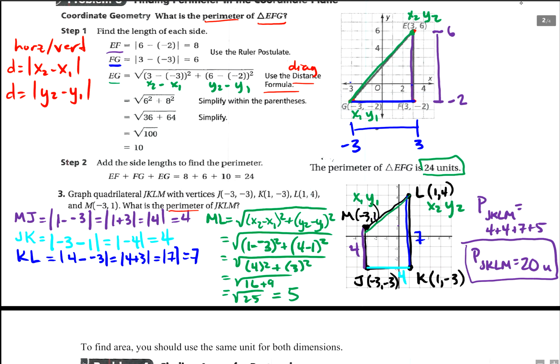And then when we get to the diagonal one, we know that we are going to have to use the distance formula. So I labeled my points x1, y1, x2, y2, wrote out my formula, substituted in, and found out that this is 5 units long. So the perimeter of quadrilateral JKLM is the sum of all of its sides, which turns out to be 20 units. Okay, not difficult, took a little work though.